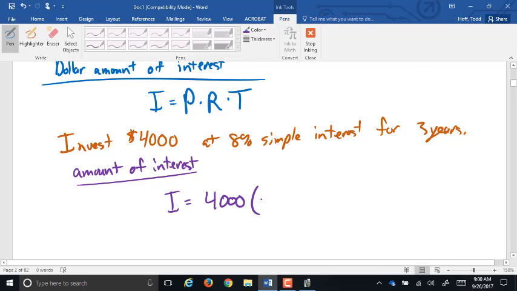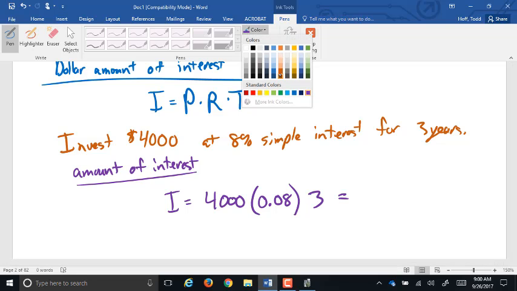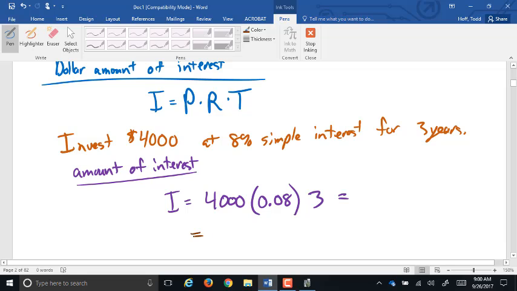So I'm going to write that as 0.08. Perfect. And our time is 3 years. So I'm going to write that as 3. It's 3 years. So if I multiply that out, 4,000 times 0.08 times 3 is what, $960?